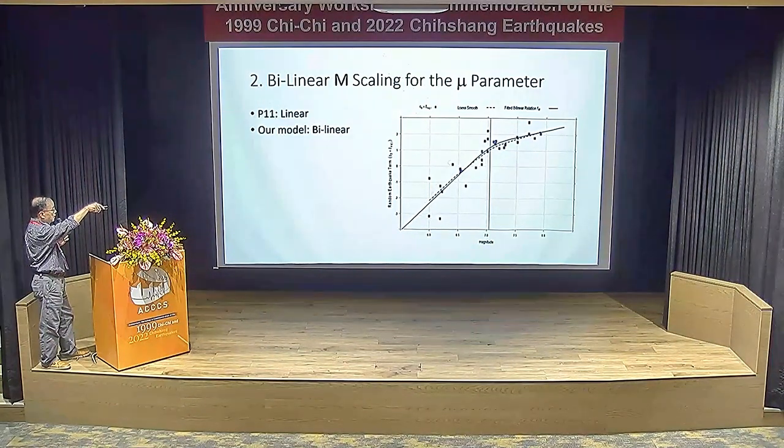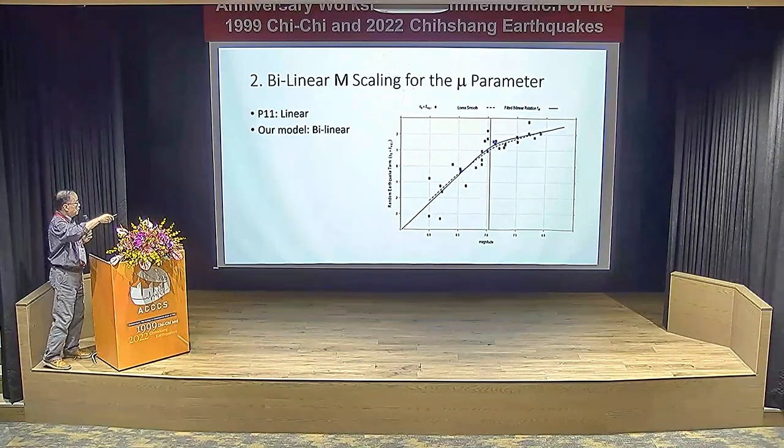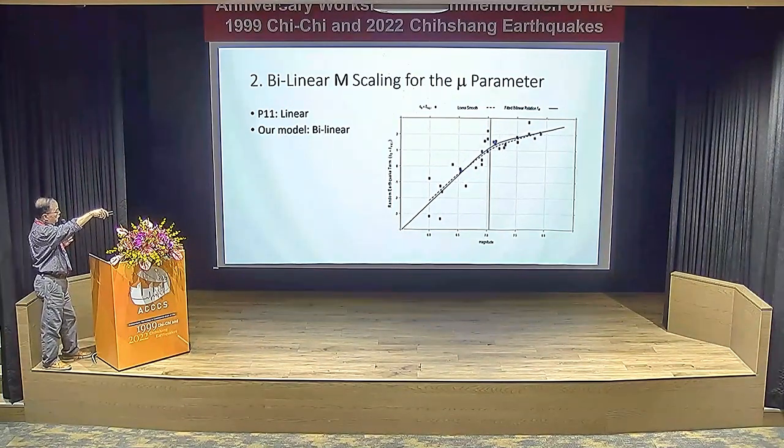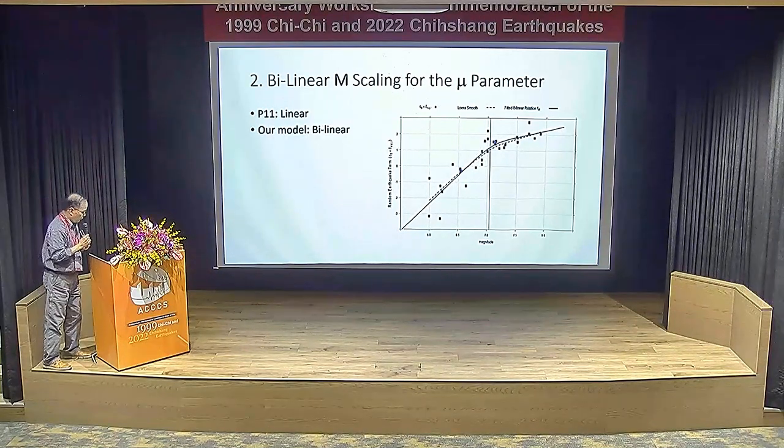It's steeper for magnitude less than 7, and then when we go beyond 7, the rate becomes flatter. Okay. And to model this, we need 3 parameters. That is the hinge point of the transition from the steeper rate to the slower rate, and the other 2 parameters are the rate at smaller magnitudes and the rate at larger magnitudes.